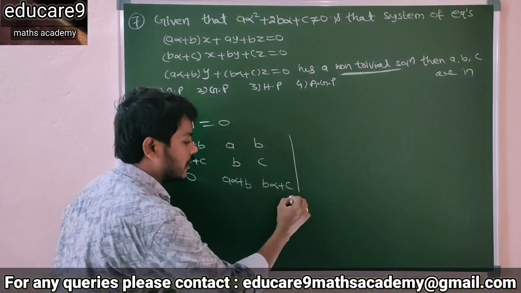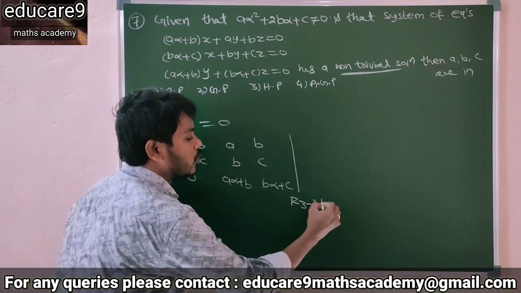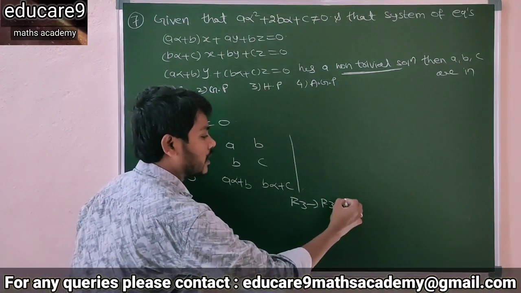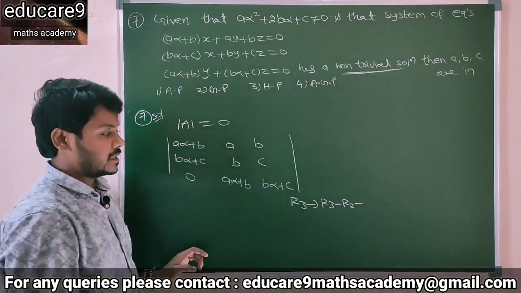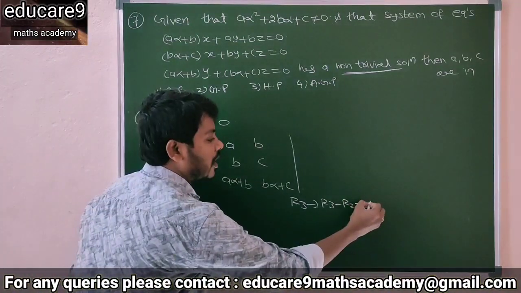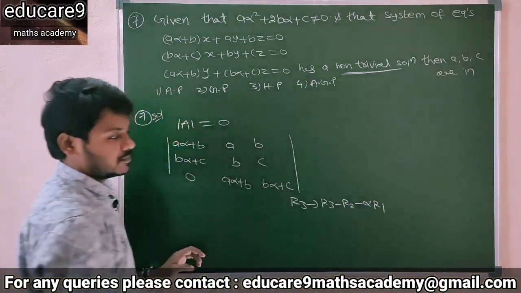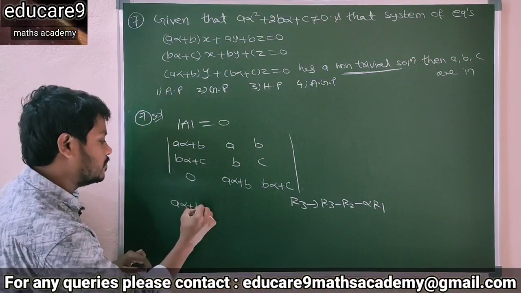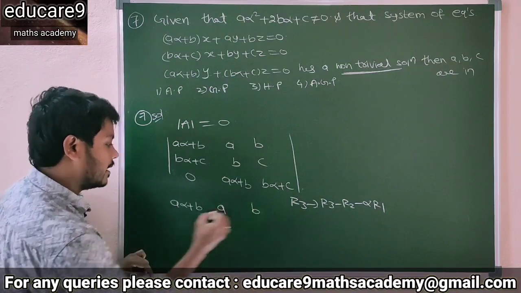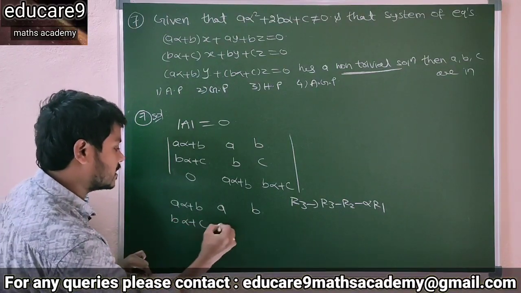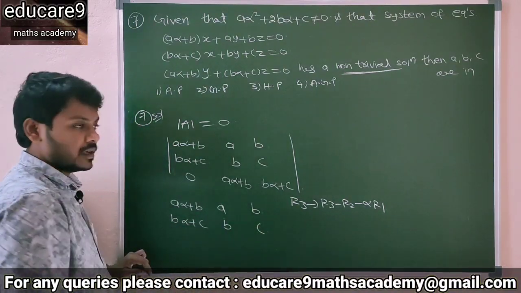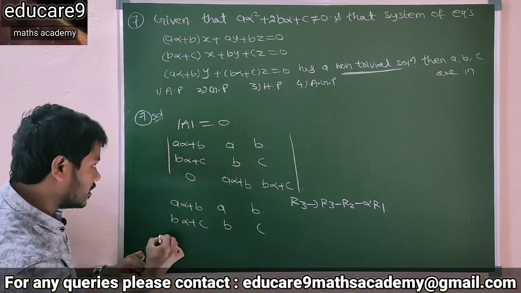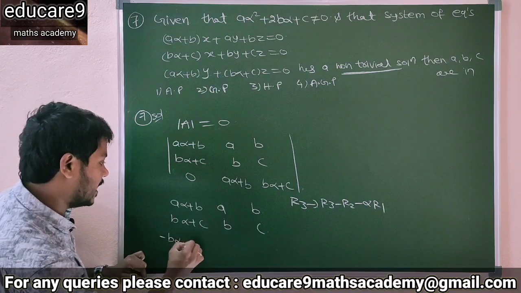So for that R3 changes to R3 minus alpha times R1 minus R2. So what is that? a alpha plus b, a, b. Next, b alpha plus c, b, c. Now here what you get? 0, minus (b alpha plus c), that is minus b alpha minus c.